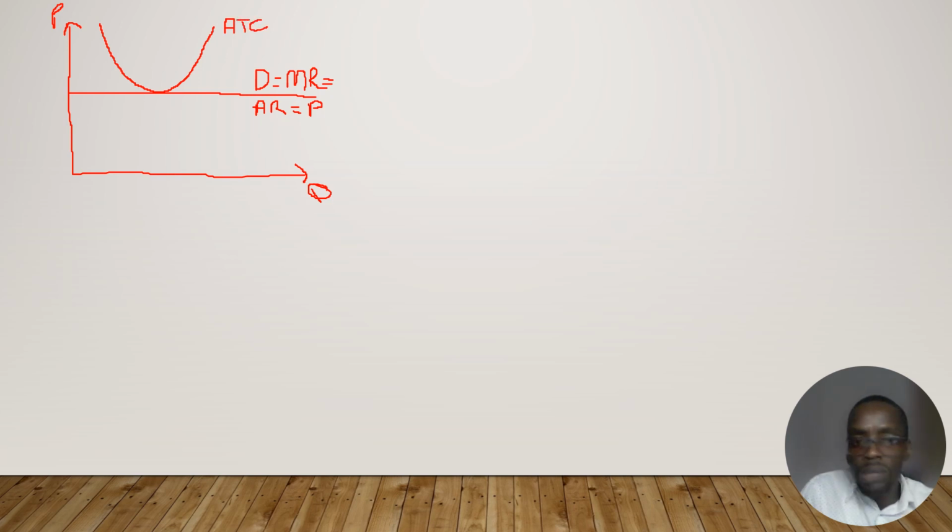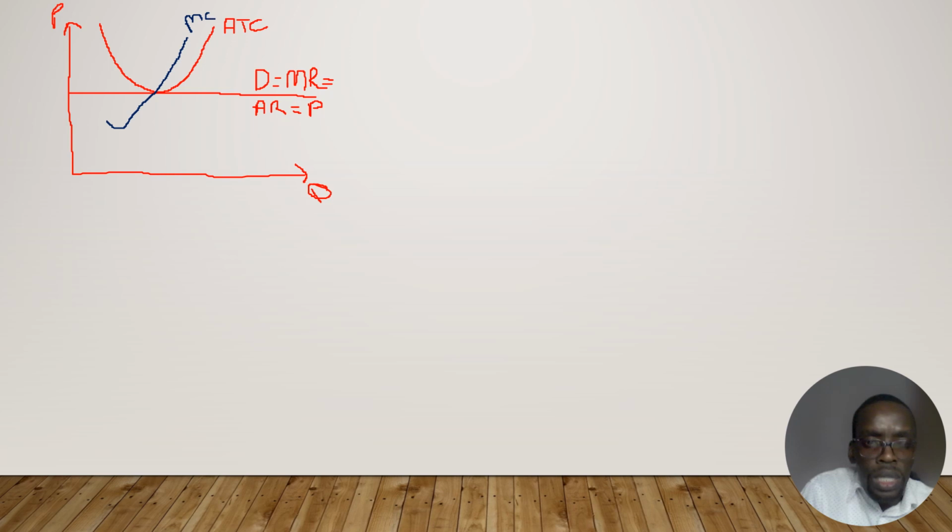So this one is my average total cost curve. We have done the MR, so it means we need the MC, and my MC is going to be something like that. And this one is my MC.